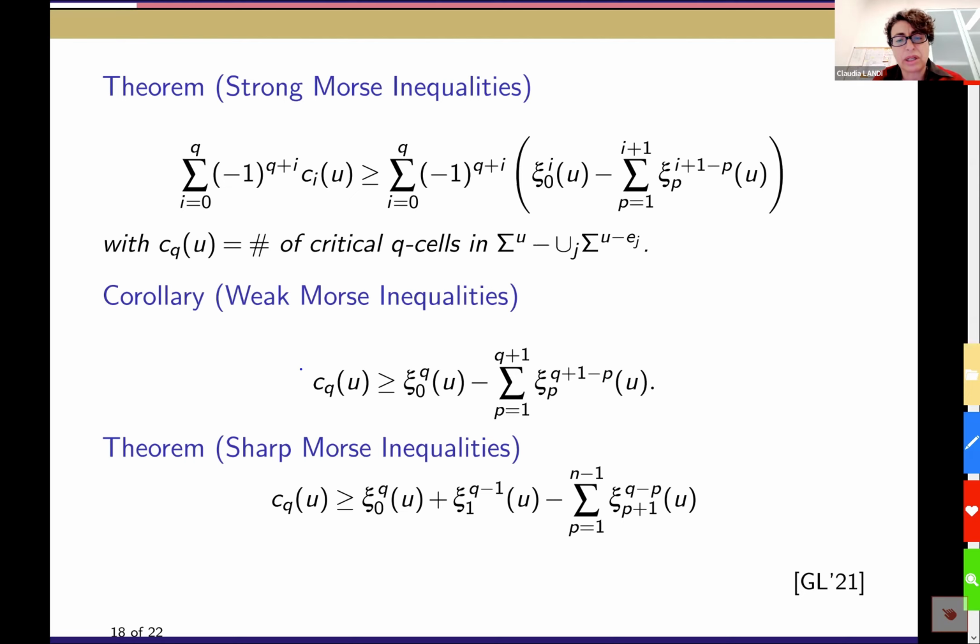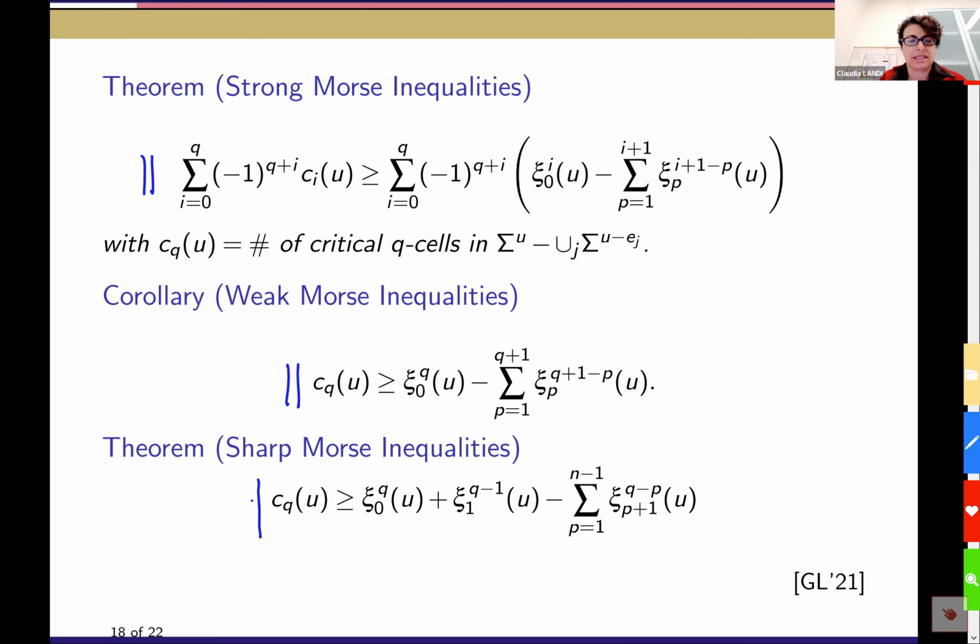But these inequalities here, derived from here, are not very interesting, because you see there is no alternating sign here. There is something positive, the birth, minus all the deaths. And so very easily this gets to be negative, and so these inequalities are not very interesting, but they can be improved.